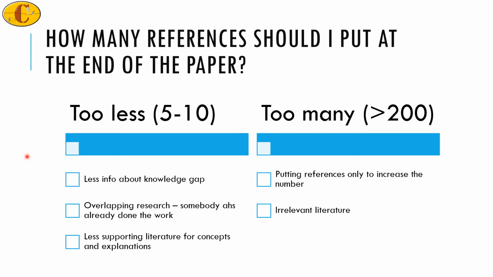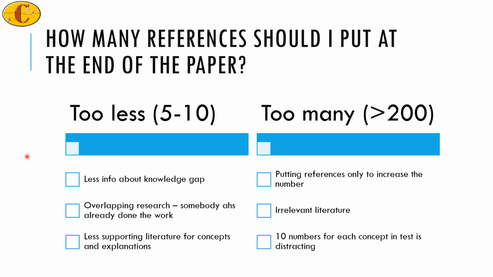This reflects really badly on two parts. One, the reviewer actually understands that you have done it, and second, if the author of that reference comes across and realizes that this person has put my paper in the references, but it's not really related to anything I have done, then that reflects badly on the person as well.